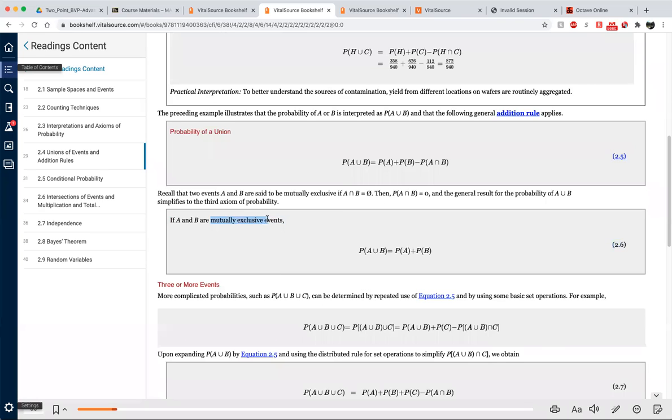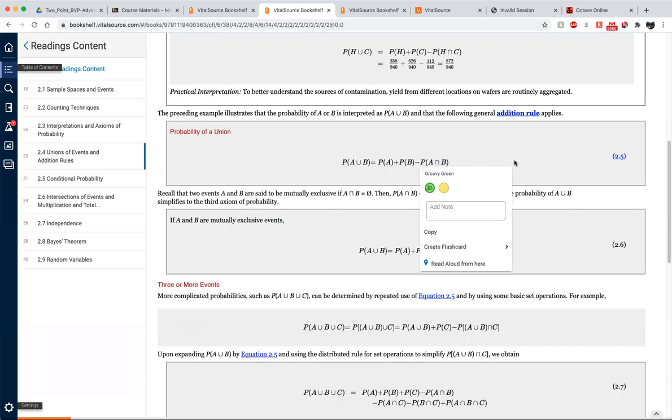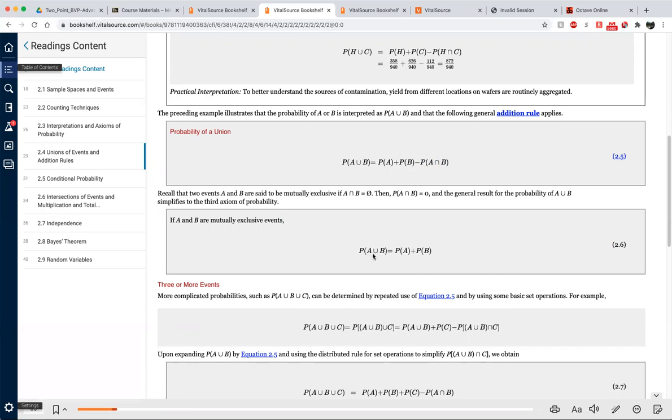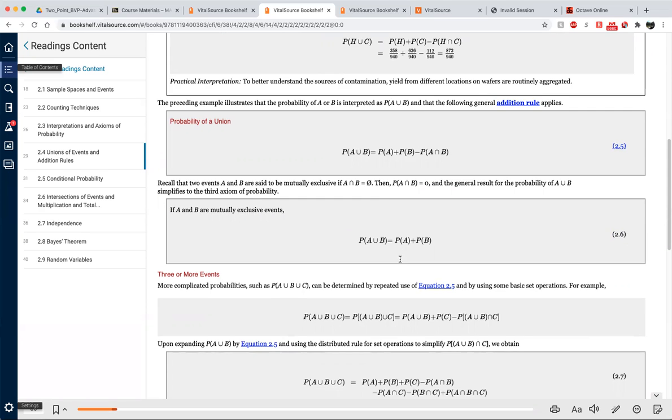Remember that mutually exclusive means the two events don't have overlapping or common outcomes, so A intersection B equals the empty set. Since A intersection B is the empty set, its probability is 0. So P of A union B is P of A plus P of B.